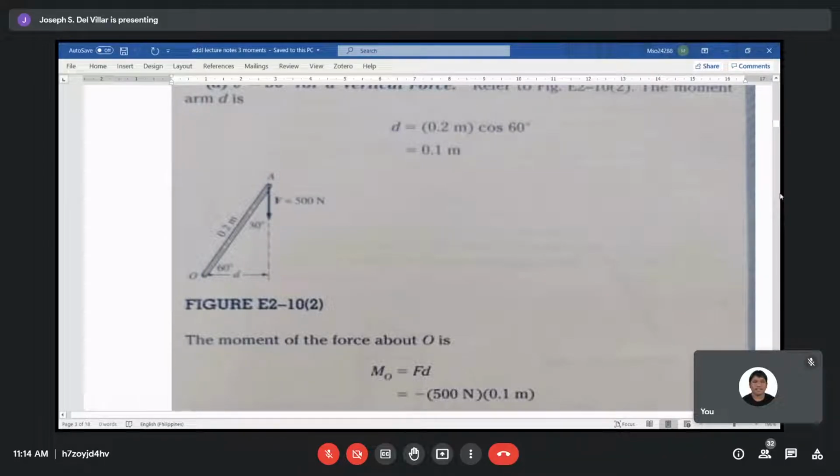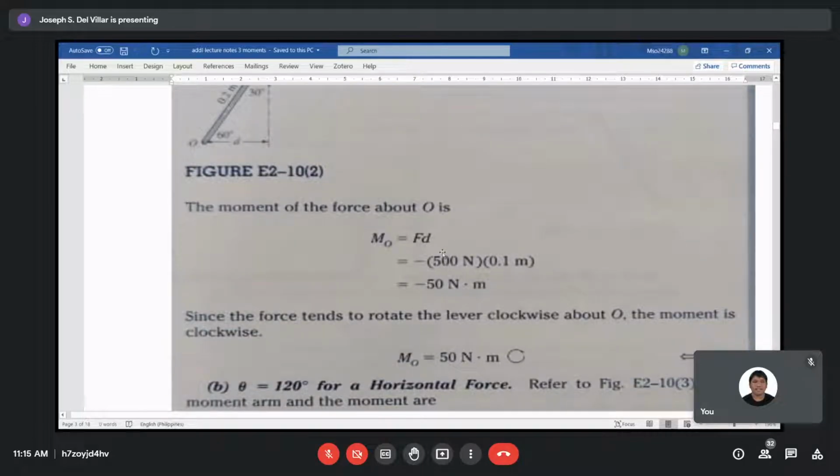Yung example ko naman kanina is ni-retain ko yung distance na 0.2 at kumuha ako ng force na naka-perpendicular sa 0.2. And that force is the component, no? Okay? The component of 500 newtons that is perpendicular to 0.2. So you're going to get the same result of 50 Newton meter.